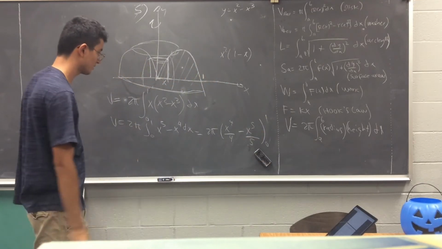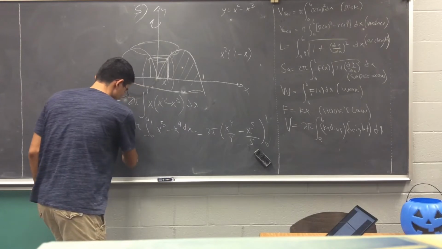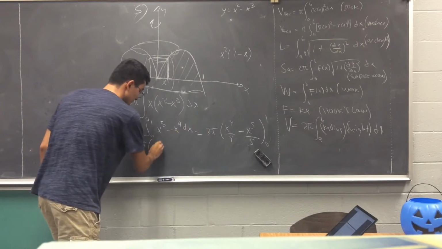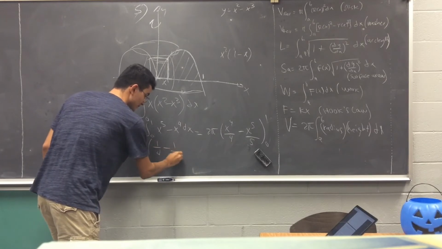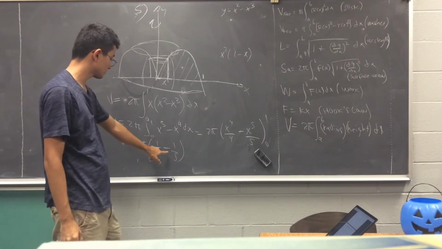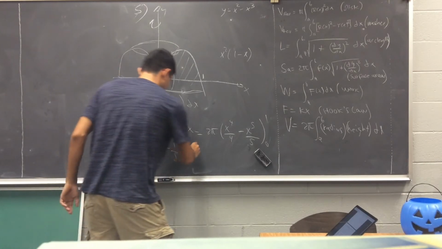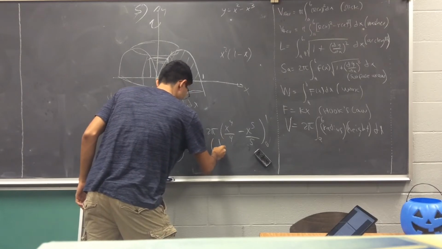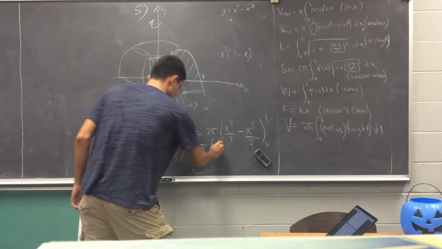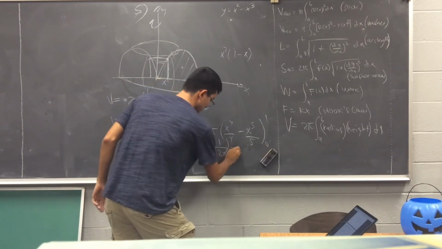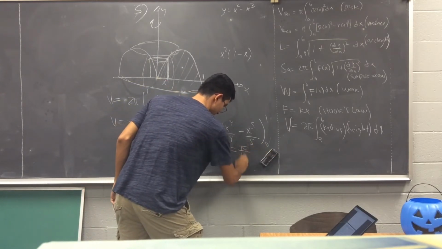Okay, now we just substitute, so the volume is equal to 2 pi times 1/4 minus 1/5. Find the common denominator. That's going to get to 2 pi times 1 over 20. And when you simplify, you're going to get pi over 10.